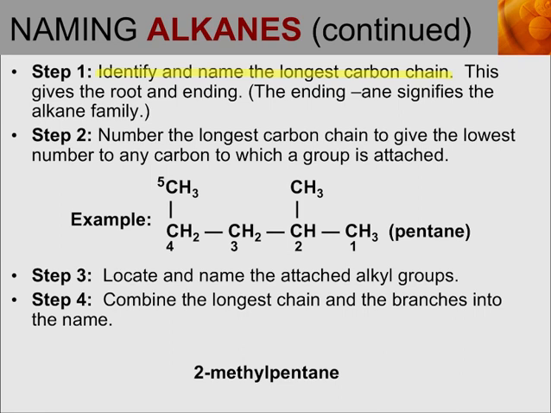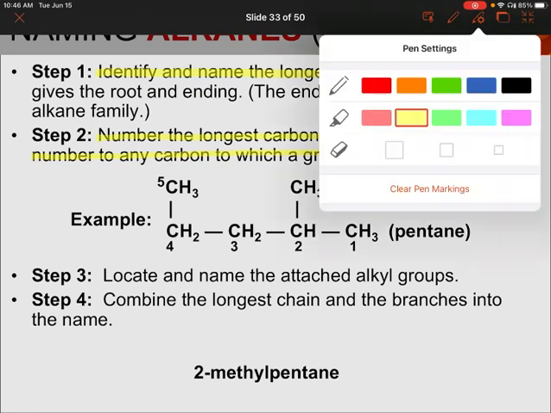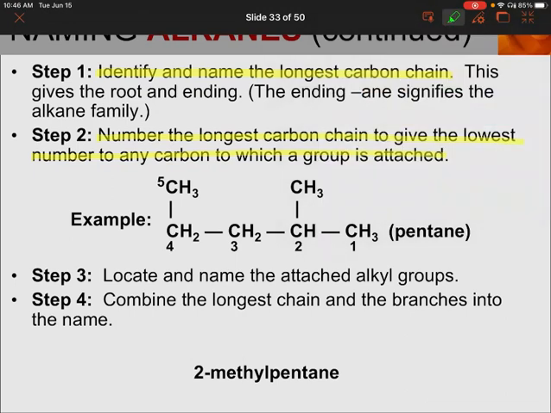But remember, in this case, we're just naming alkanes, so the ending will always be ANE. Then we're going to number the longest carbon chain to give the lowest number to any carbon to which a group is attached. So looking down below, we have an example.